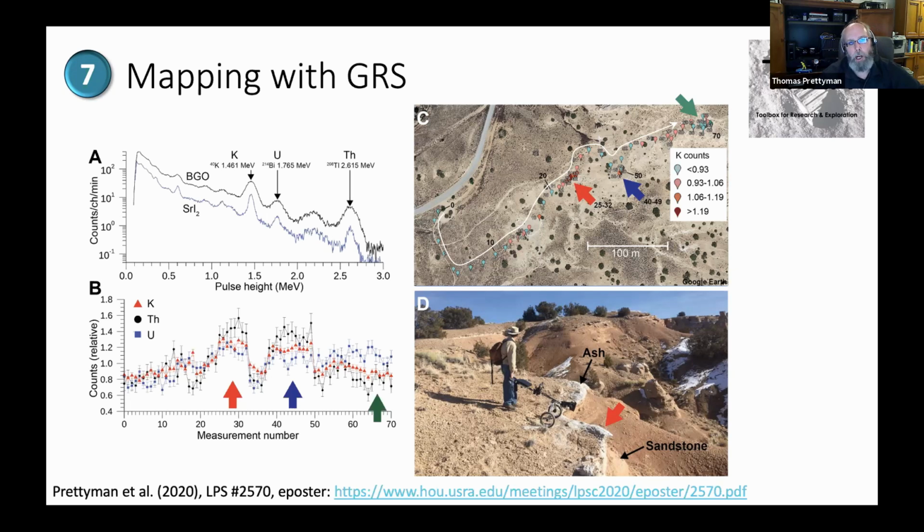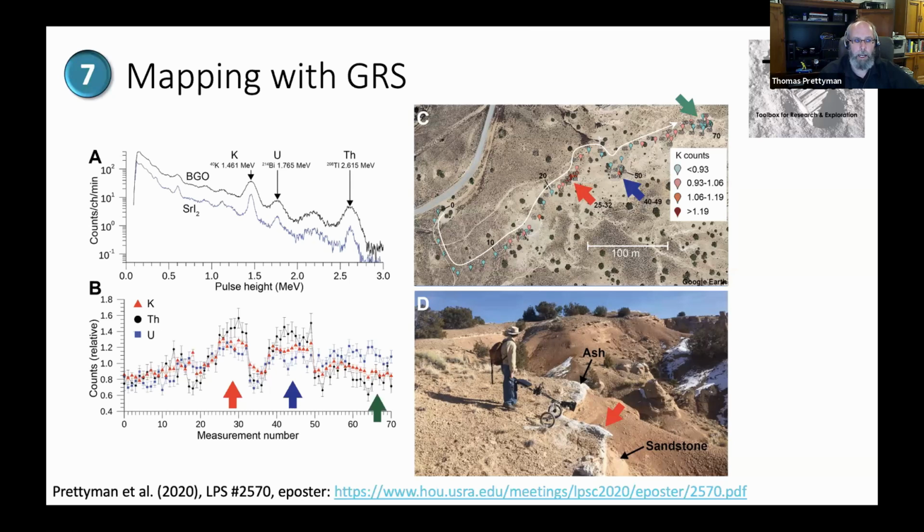We marched along this terrain, geolocated ourselves with GPS, and made a heat map of what we saw, but that's easiest to see on the left in B, where you have counts versus measurement number for the 3 bands I mentioned: potassium, thorium, and uranium. You can see that for the 2 samples where XRD suggested higher potassium content, indeed you have higher counts. And the 3rd sample, which is lower, you have lower counts.